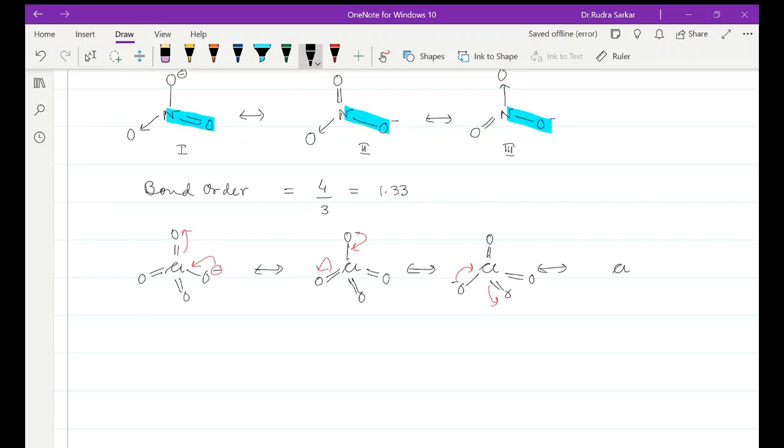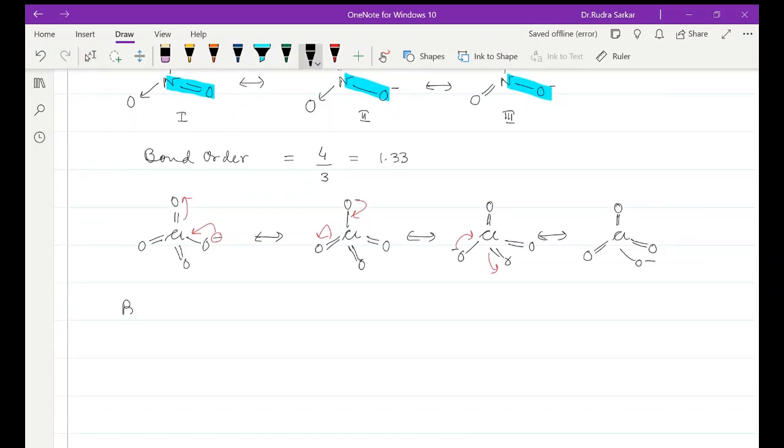So what we can see over here is there are in total 4 resonating structures for the perchlorate ion, right? So again, if we do the bond order calculation, what we can say, if we choose one such bond, suppose this one I have chosen.